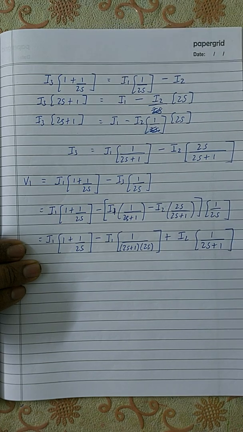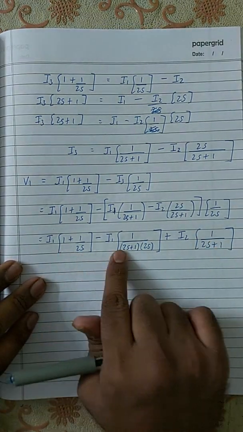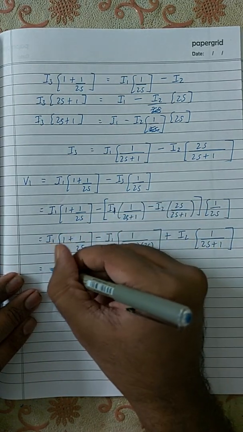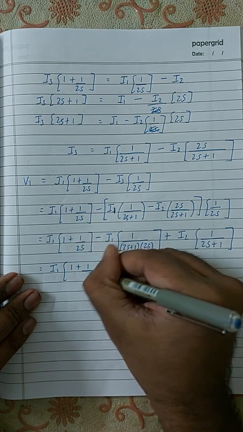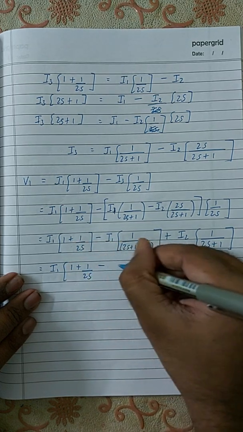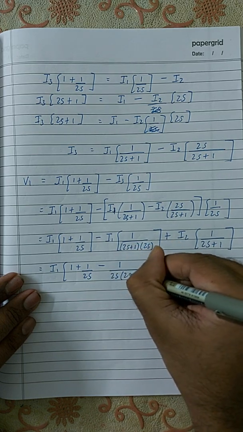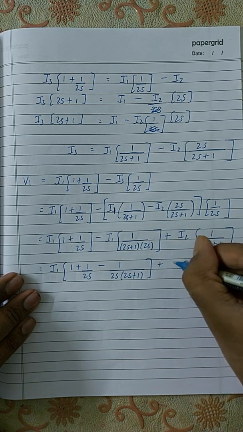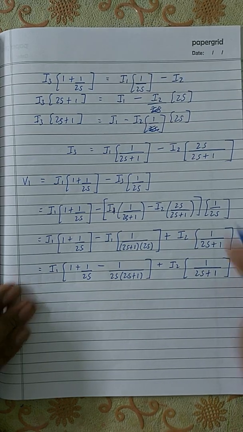Now I need to combine these two values, so you have I1 into 1 plus 1 by 2s minus 1 by 2s into 2s plus 1, plus I2 into 1 by 2s plus 1.